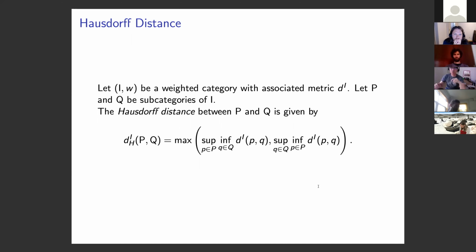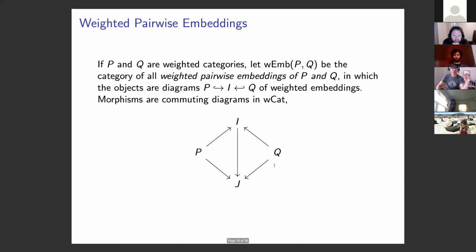Oh, and maybe I'm getting ahead of myself a little bit here. Now we have this interleaver category I that's a weighted subcategory in Q, and you can define the Hausdorff distance between P and Q as if they were just two subsets of space. It's exactly the same definition, though details may differ a bit.